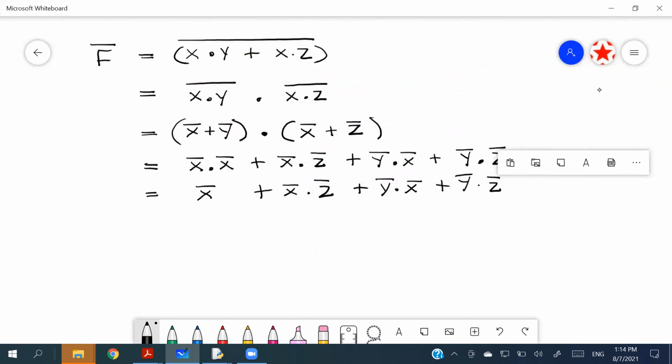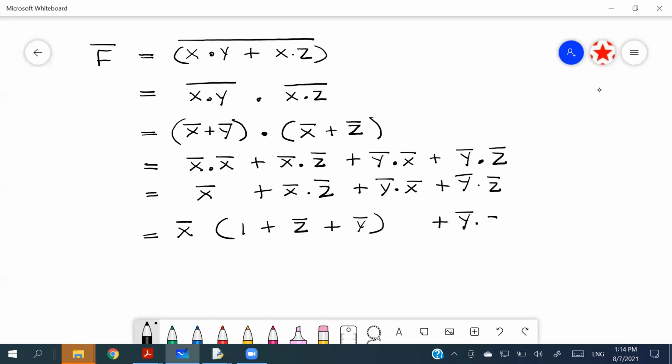Right? So if you look closely, the first three things have x bar as a common factor. So take x bar out. So it says 1 plus z bar plus y bar plus y bar dot z bar. So this is equal to 1.